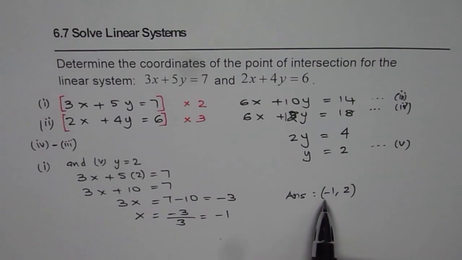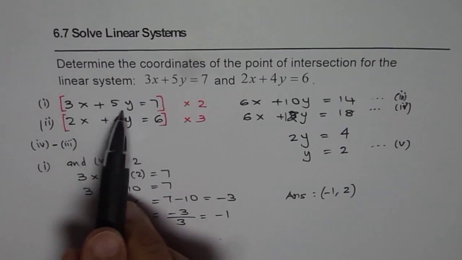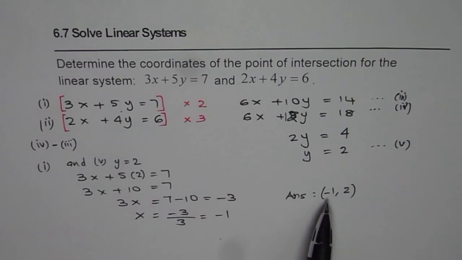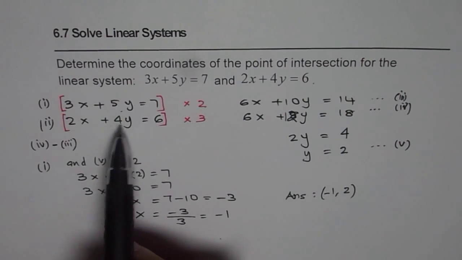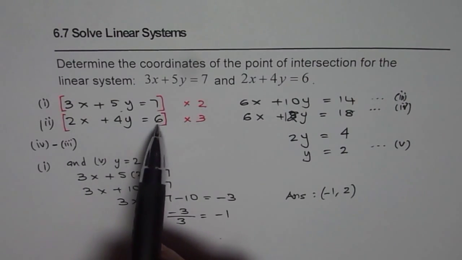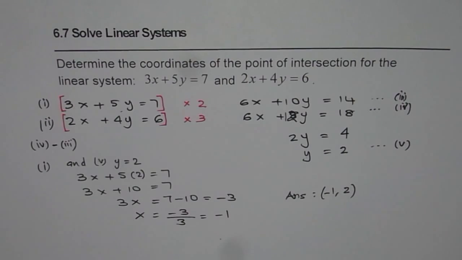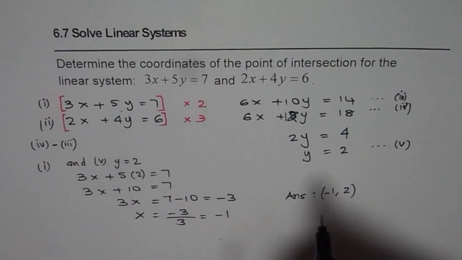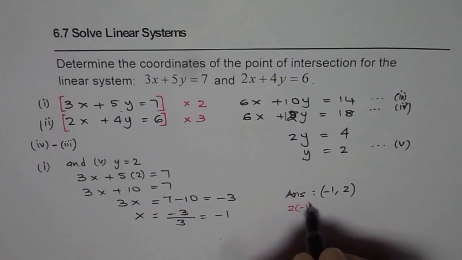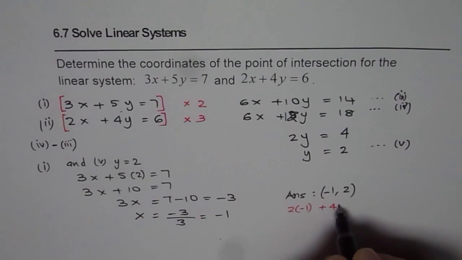Now it's always a good idea, when you get your answer, to check if it really works. If I write minus 1 for x and 2 for y on the left side, do I get 6? This is what we should be checking for, right? So let us check. In the second equation, if I write minus 1 for x and 2 for y, what do we get?